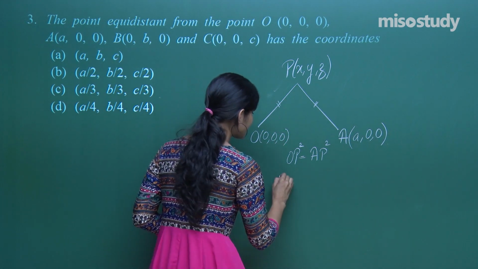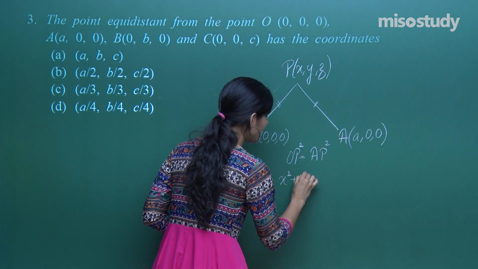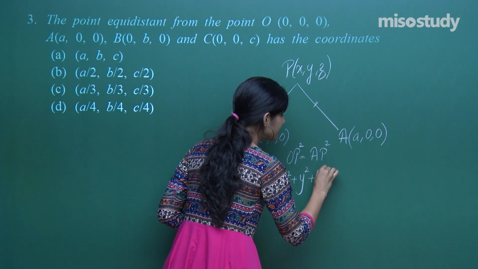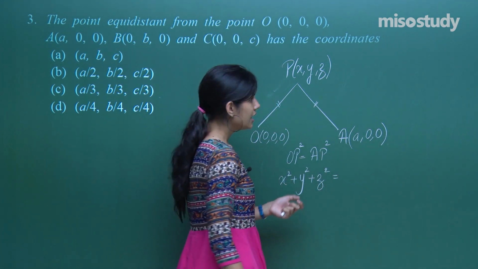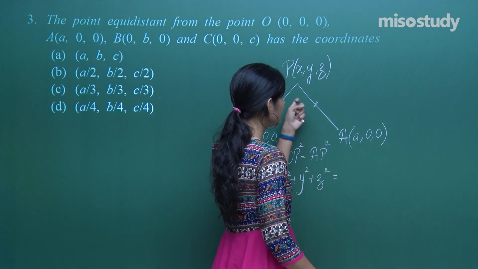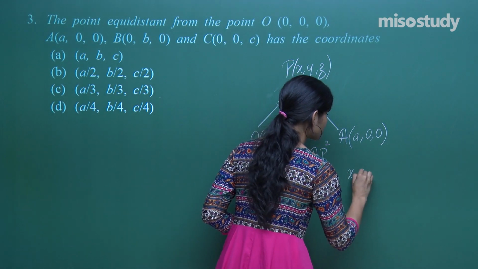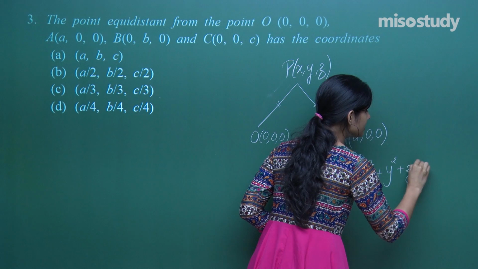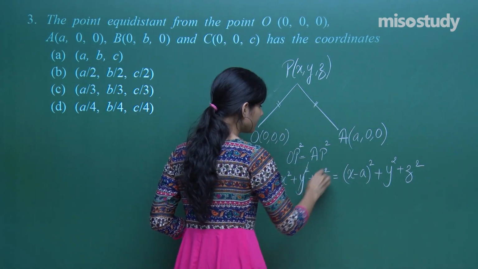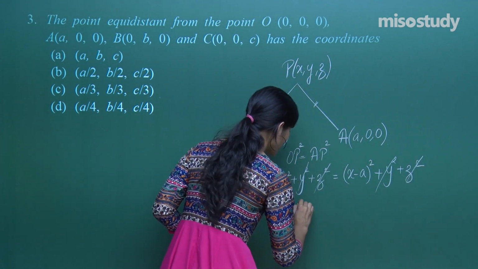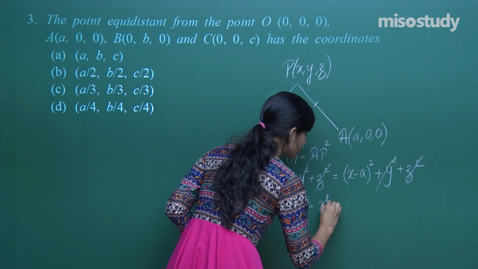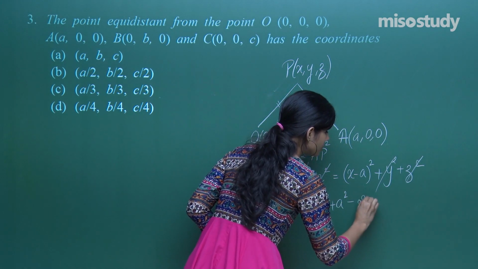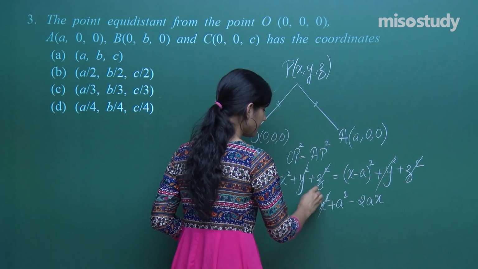What is OP? It is x minus 0 whole square plus y minus 0 whole square plus z minus 0 whole square. And what is AP? AP is x minus a whole square plus y minus 0 whole square plus z minus 0 whole square. So obviously y square and z square get cancelled. You have x square equals x square plus a square minus 2ax.